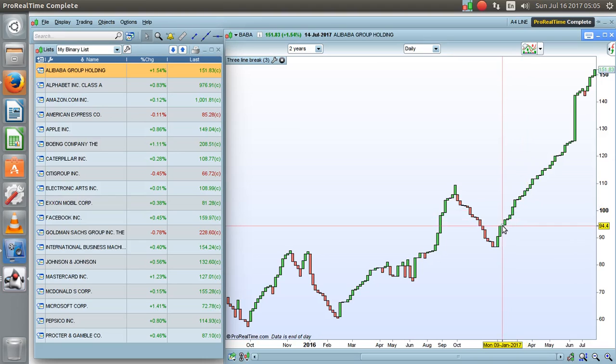Okay, let's say you bought at 95, and you can see it goes all the way up to 142.20 before it closes with a red bar again. So this is a three-line break.